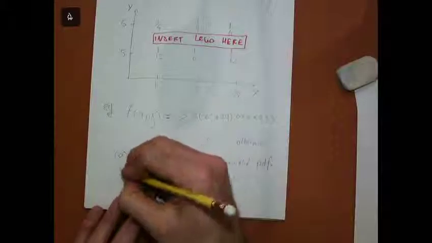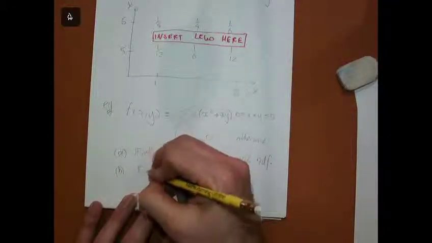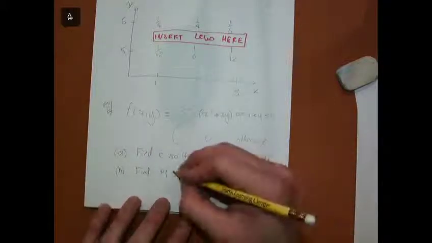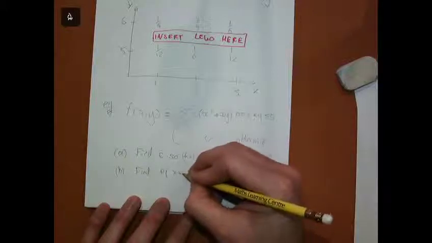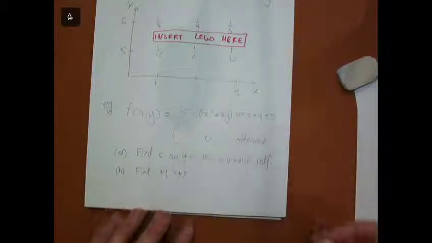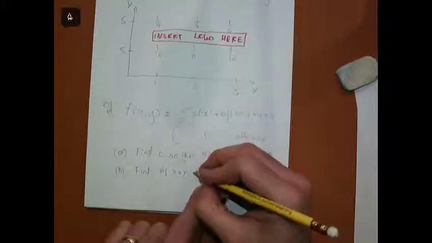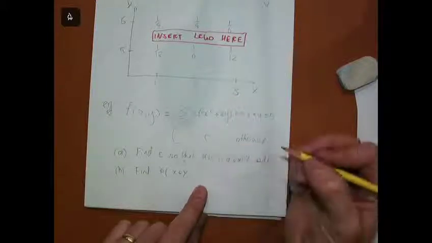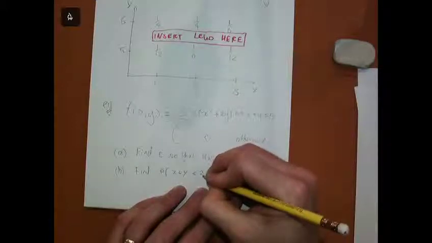And then maybe part B would be: find the probability that x plus y is less than 3, for example.